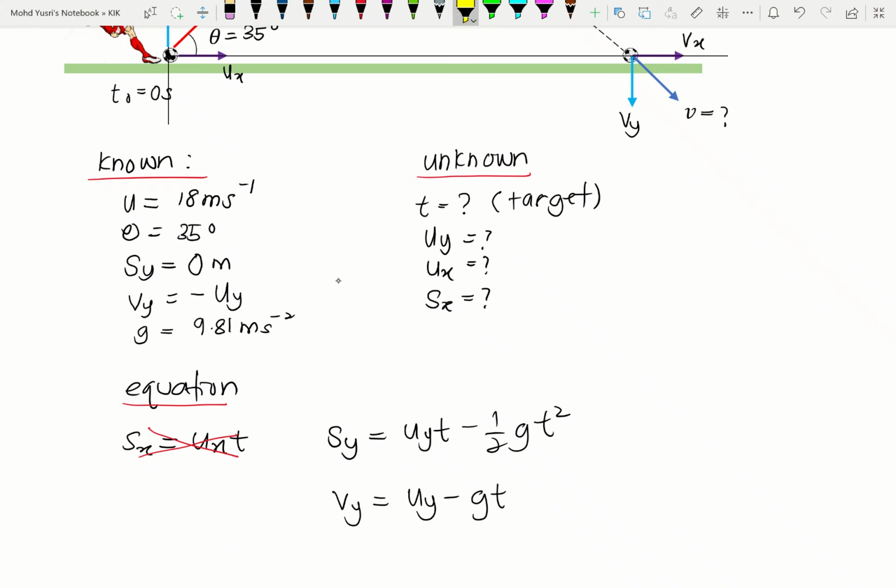From the first equation, we have all the values except time t. For the second equation, we know the relation between vy and uy, and therefore we can solve the problem for the value of t.